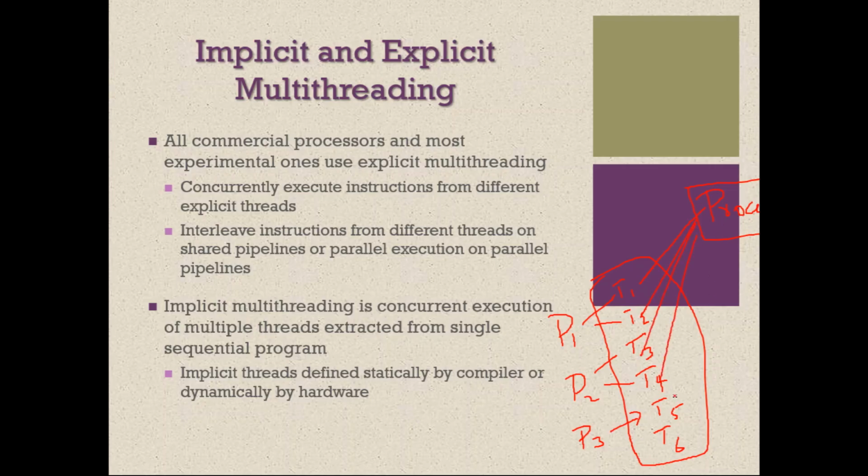That type of multi-threading is called explicit multi-threading, that is, concurrently executing instructions from different explicit threads. Whereas in implicit, the processor context switches only between threads of the same process. That is called implicit multi-threading, which we are not concentrating on. We are concentrating on explicit multi-threading.